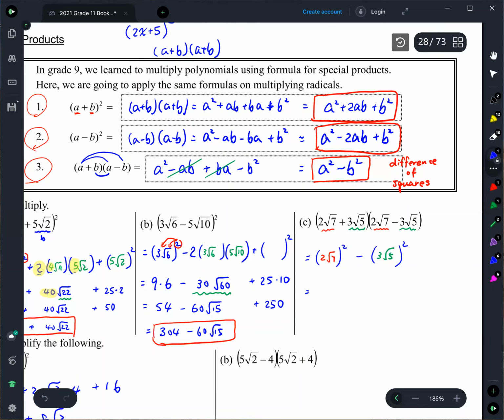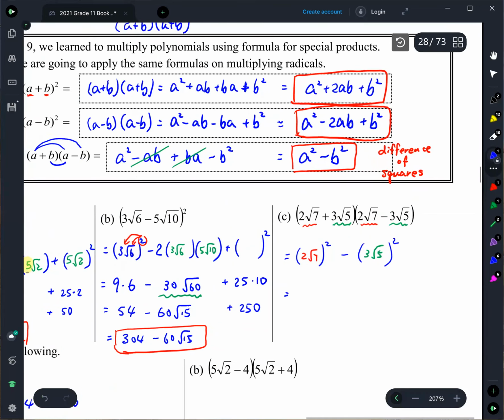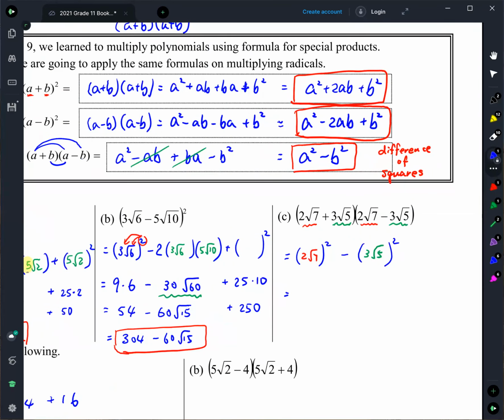Okay, so what's A squared become? Tony, what does A squared become? I am not too sure. Do you know which question we are working on? Yeah, we're on C, right?